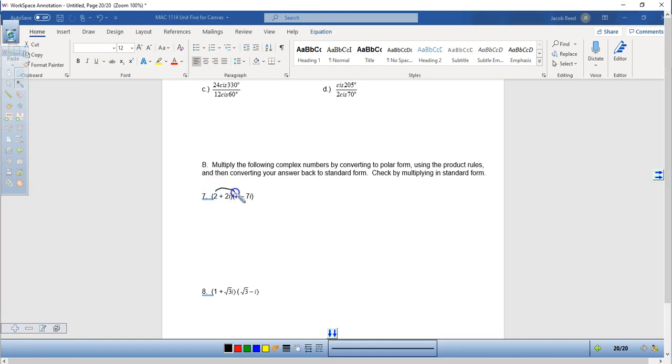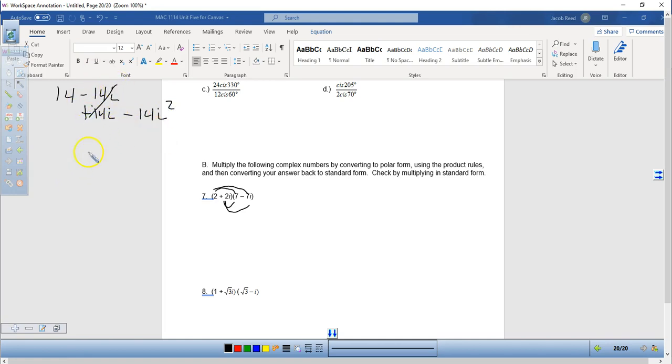Okay, so 2 multiplied by 7 and 2 multiplied by -7i. So that's 14 and -14i. And then 2i times 7 and 2i times -7i. That's going to give me a positive 14i and a negative 14i squared. Lots of 14s here.